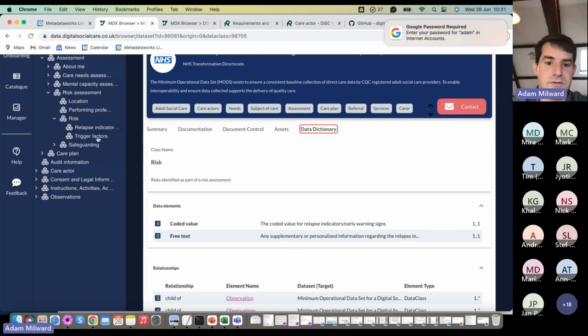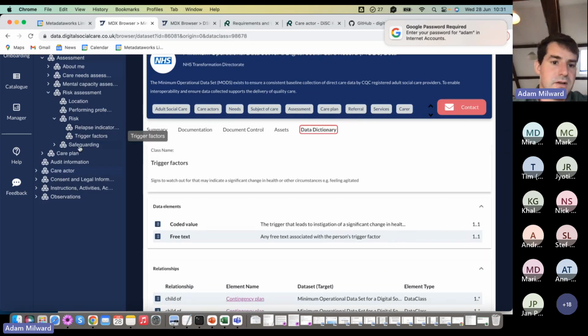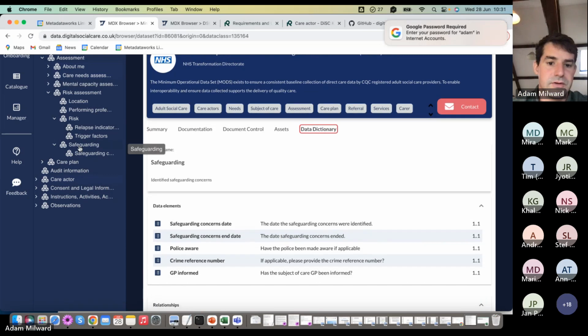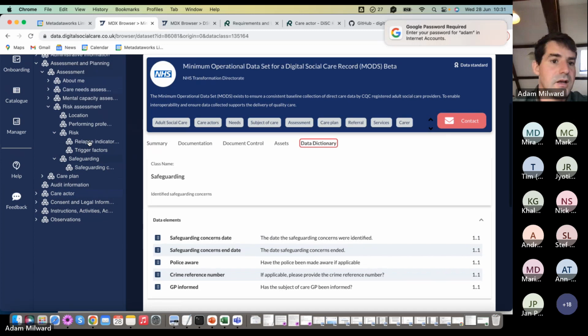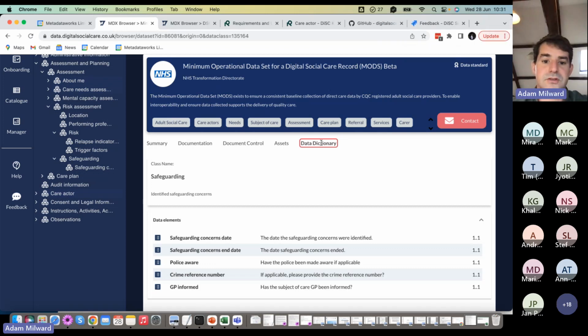We've got relapse indicators and trigger factors as well. And then we've got safeguarding information as well. And that will relate to the contingency plan as well. So we want to be using the same building blocks within the contingency plan as the risk assessment. Sometimes they happen at the same time.